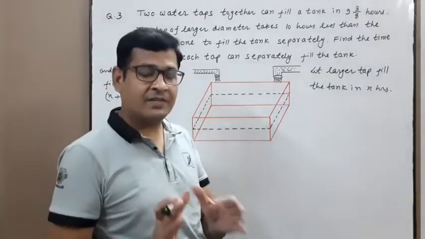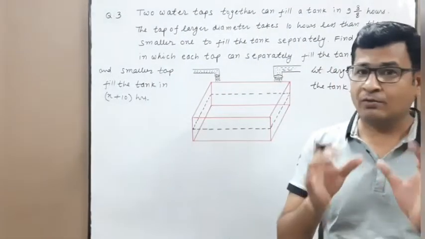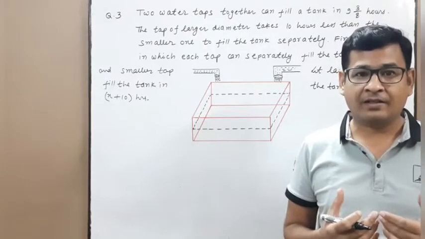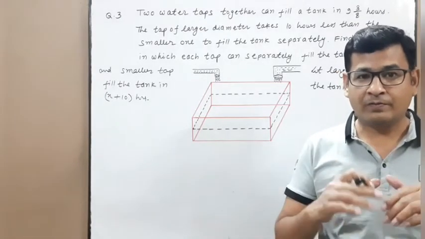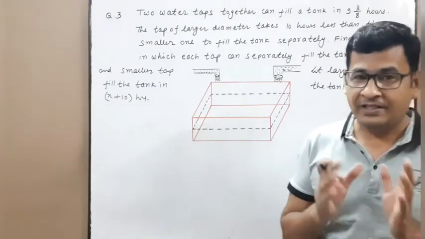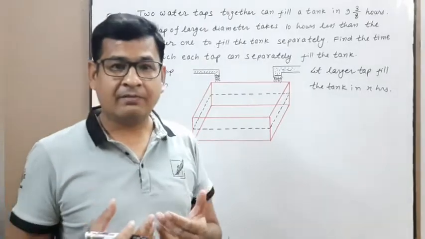Okay, now let us discuss. If we fill any tank in 2 hours, then how much portion of the tank do we fill in 1 hour? Half portion. In 2 hours full tank, then in 1 hour half tank. If we fill any tank in 3 hours, then in 1 hour we fill 1/3.